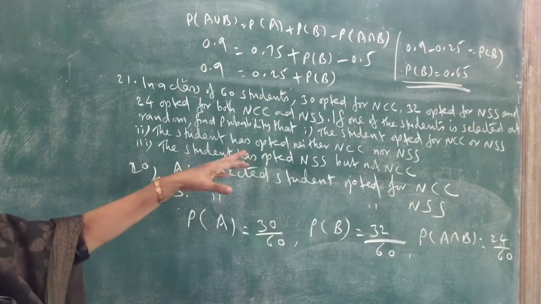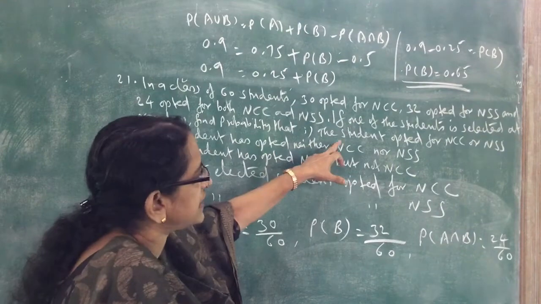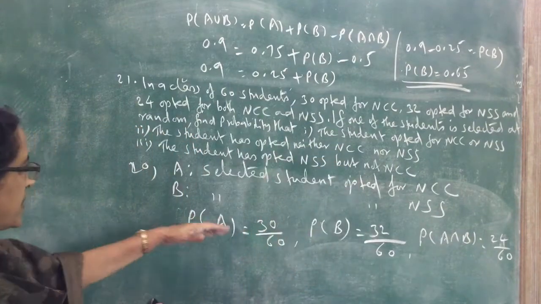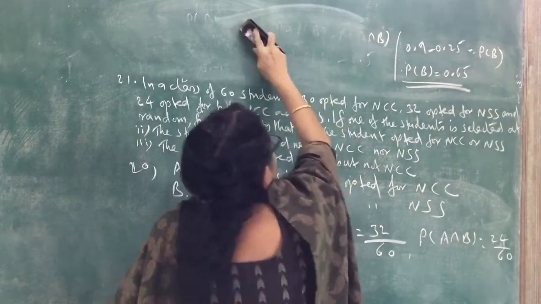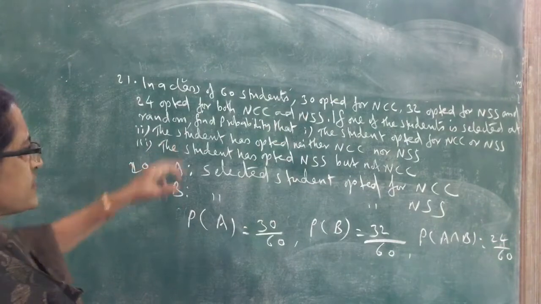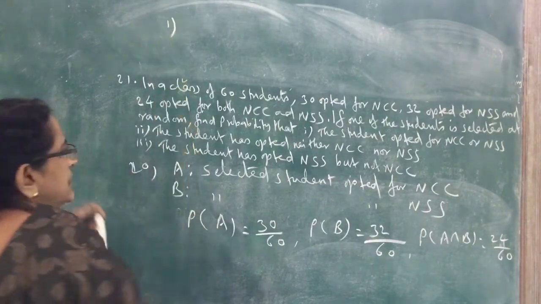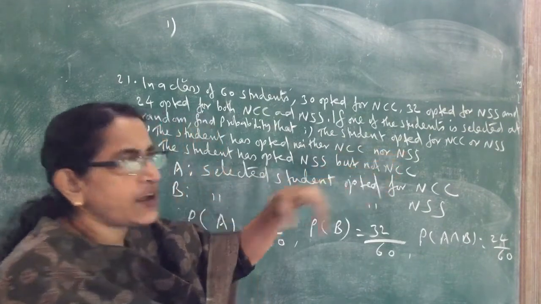Now one of the students is selected at random. Find the probability that the student opted for NCC or NSS. Now we can find the required probabilities. So first question: the probability that the selected student opted for NCC or NSS.